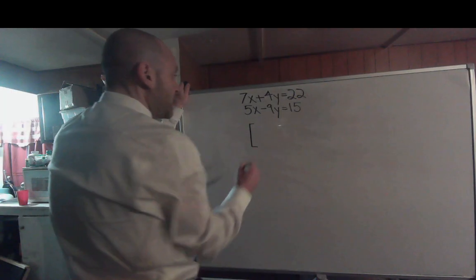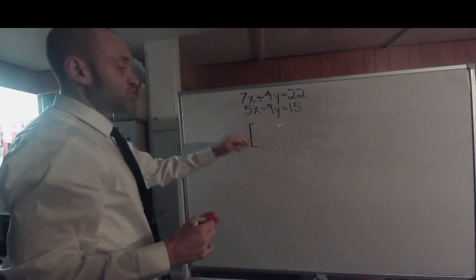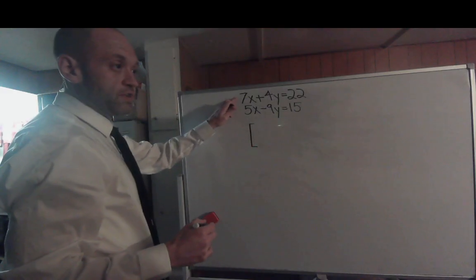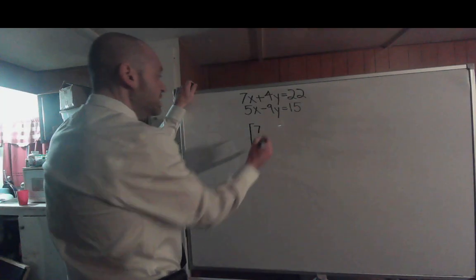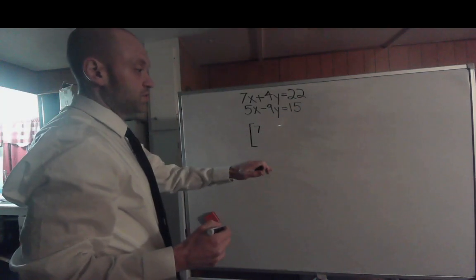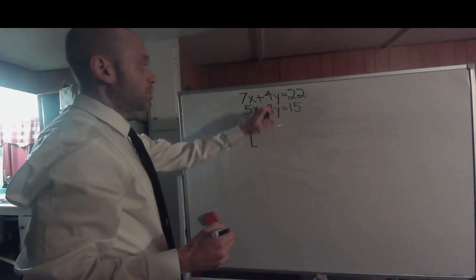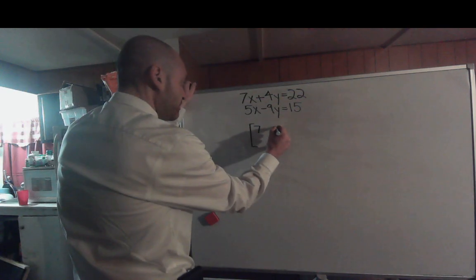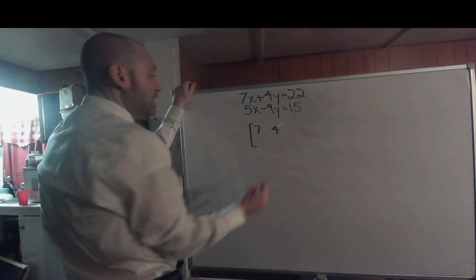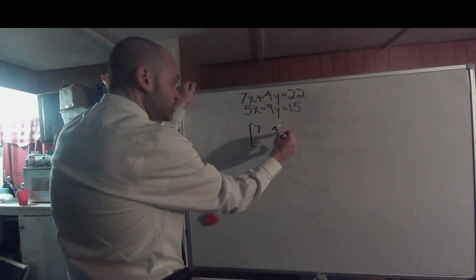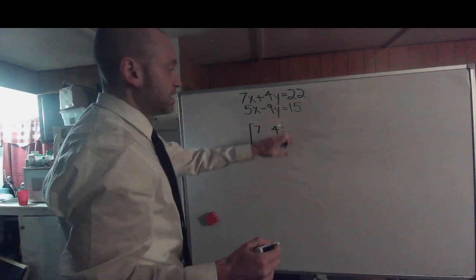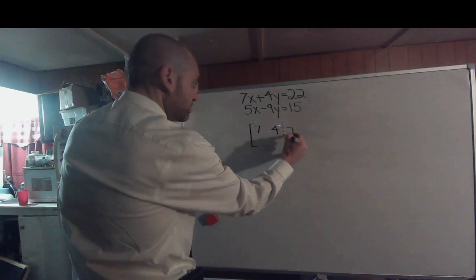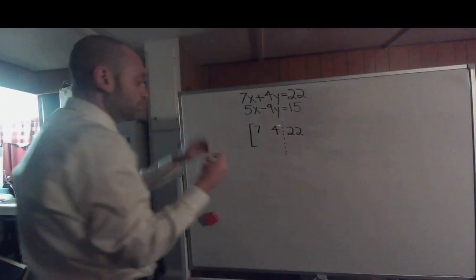So first, set up your brackets. Now the first entry in your first row will be the coefficient on the x of the first equation. That's going to be 7. The second entry in the first row will be the coefficient on your y in the first equation. That'd be 4. And then we can do an augmentation line to denote the equal sign, and to the right of that equal sign is a 22. That would belong in the first row.